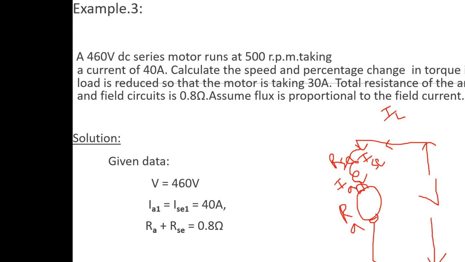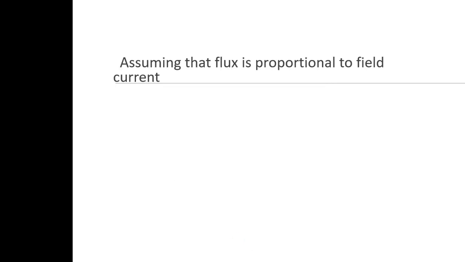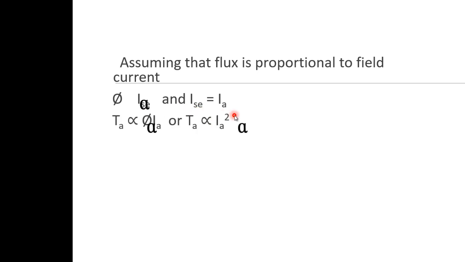According to the given data, V is 460, and IA1 equals ISC1, which is equal to 40 amps. RA plus RSC is 0.8 ohms. N is 500 rpm. IA2 and ISC2 are 30 amps. Assuming the flux phi is directly proportional to ISC, and we know that ISC is equal to IA, according to the torque equation, torque TA is directly proportional to phi into IA.